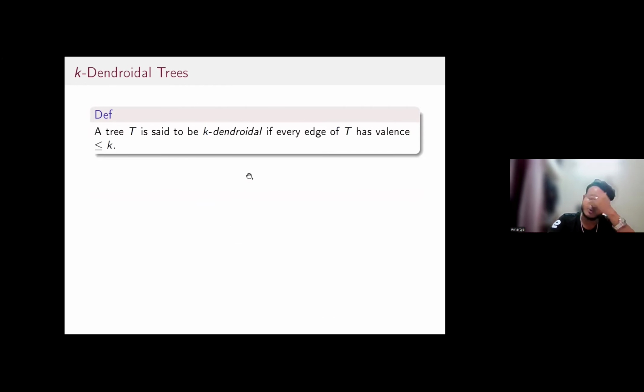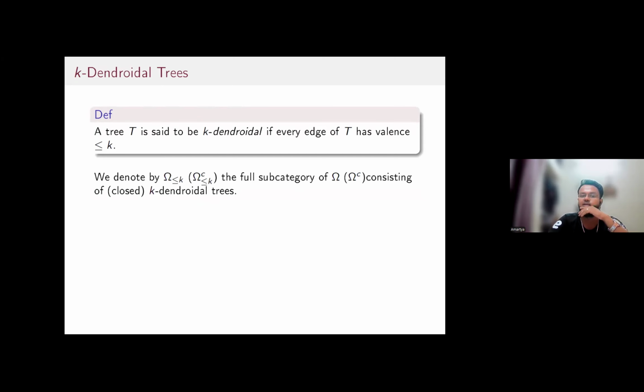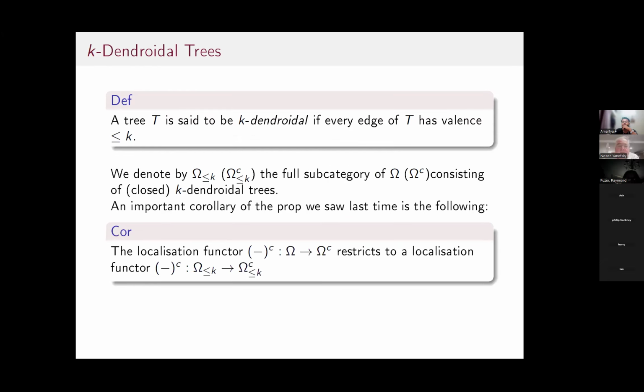Right. So what do I mean when I say a tree is k-dendroidal? That just means it is a dendroidal tree and every edge has valence less than or equal to k. This is a notation we're going to use. This is the full subcategory of sigma, with the subscript less than or equal to k, consisting of these k-dendroidal trees.